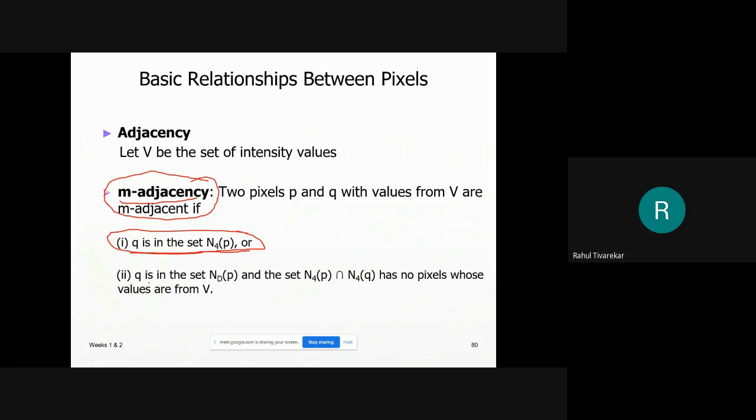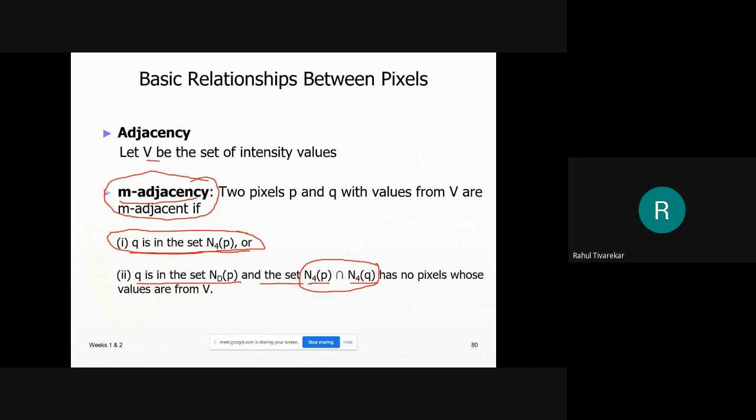And the other way is, if four neighbor is not possible or not available, you see if there is a diagonal neighbor available. If a diagonal neighbor is available and the pixel P and pixel Q have no four neighbors common between them, that is, N4(P) and N4(Q), these two sets do not have any common element which is part of V, then we say that these two pixels are M adjacent.